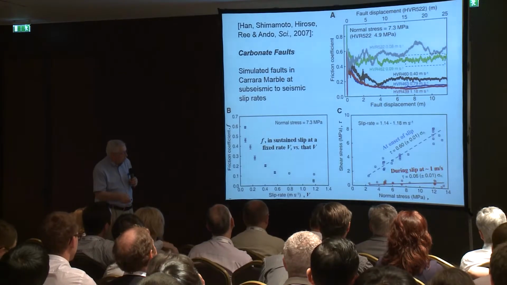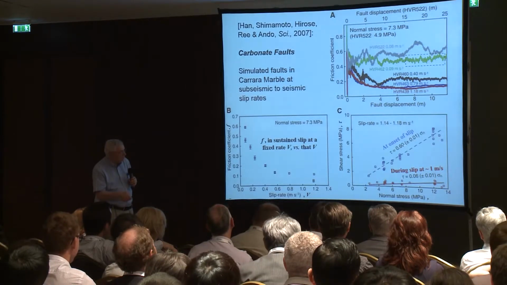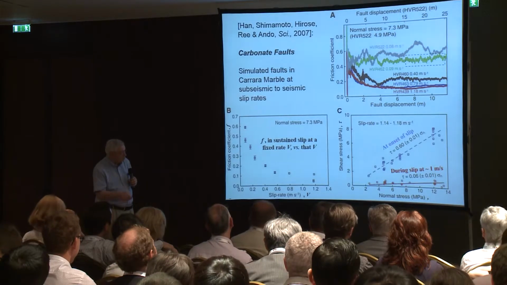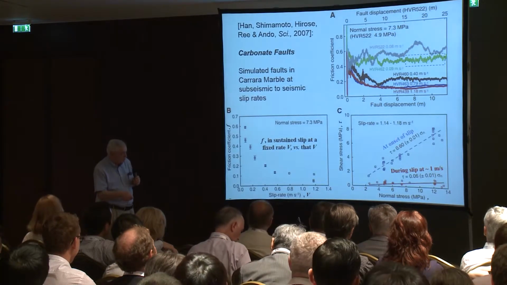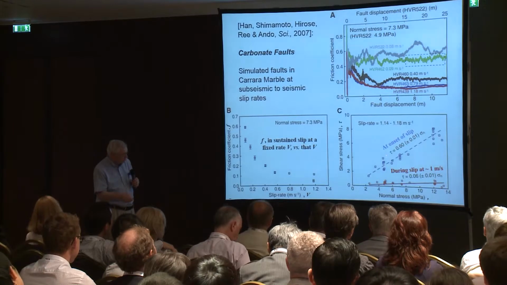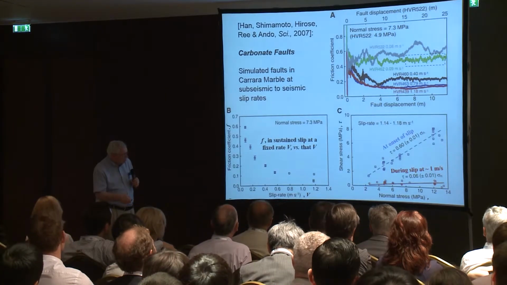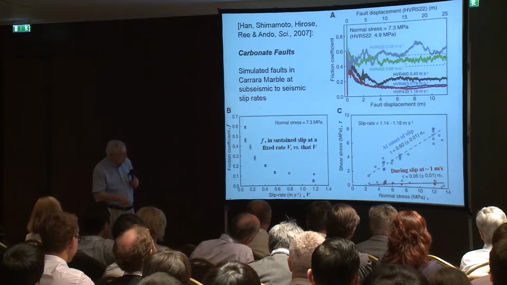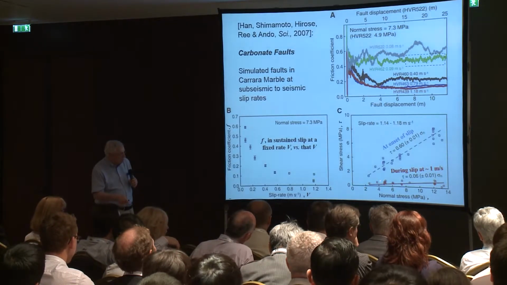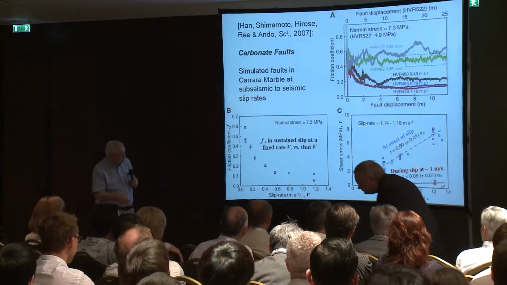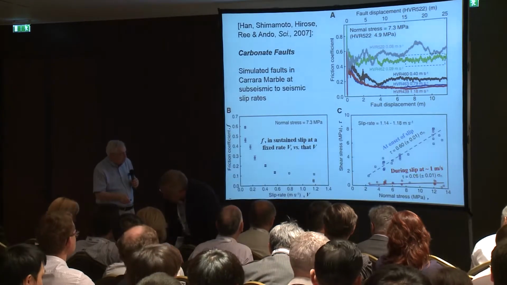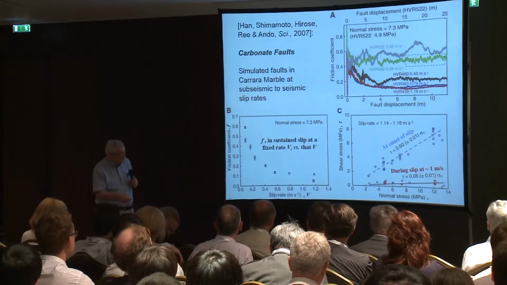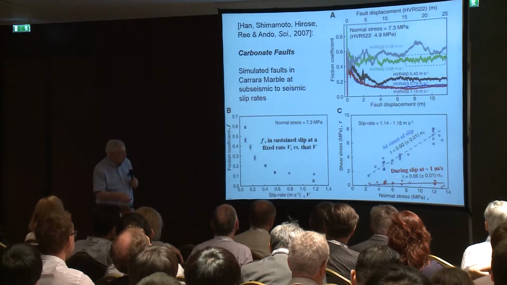So at the onset of slip, we have normal static friction in rocks with a friction coefficient around 0.6, give or take a couple hundredths. But then during slip at a meter a second, what we find is the friction strength is this effective friction of about 0.06 plus a very small factor, 0.01 times the normal stress.